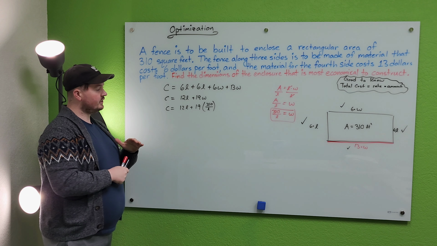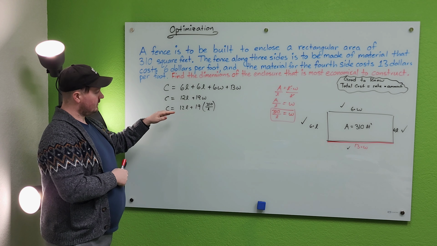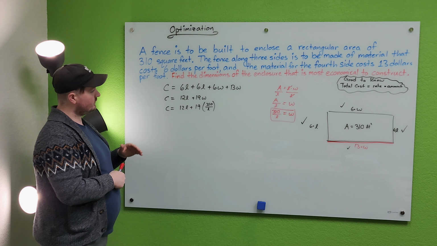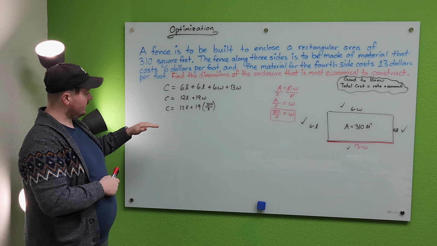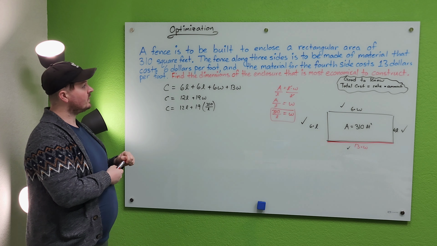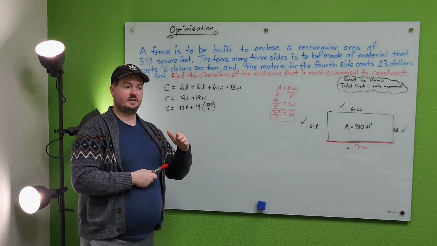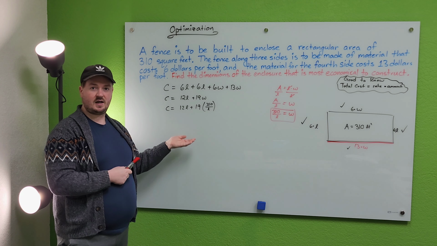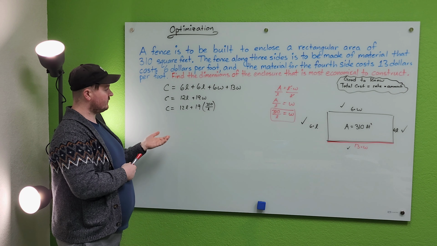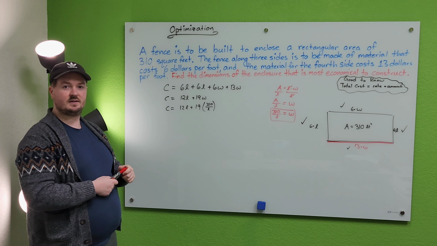So a good checkpoint now. We have a formula for cost, and this formula is all in terms of the same variable, length. Before we move on, we want to ask ourselves, does this seem like an appropriate candidate for the objective of this problem? What we need is a formula that describes the cost of this enclosure, and it needs to have a minimum because we want to minimize the cost.